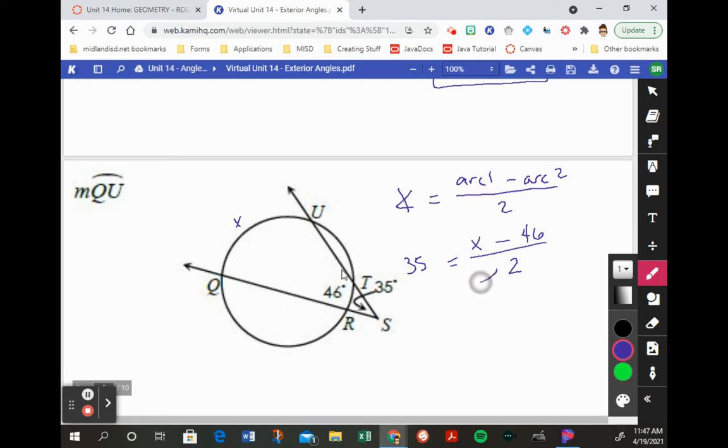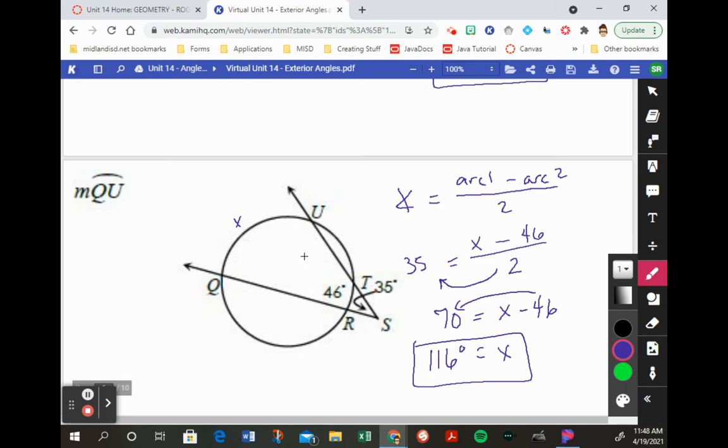I'm going to multiply by 2 to get that 2 off of there. So 70 is equal to x minus 46 degrees. So 70 plus 46 equals 116 degrees equals x. So that's how you do that one.